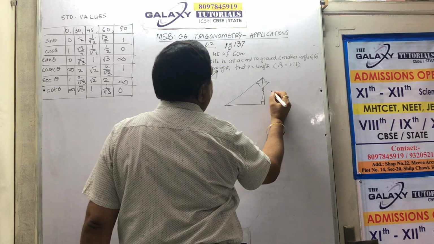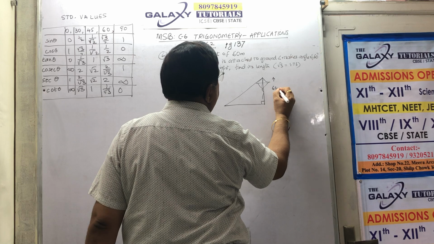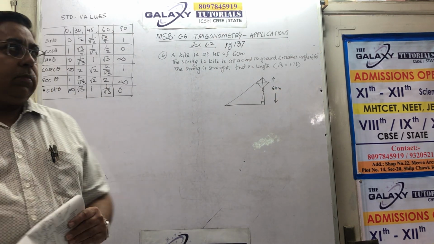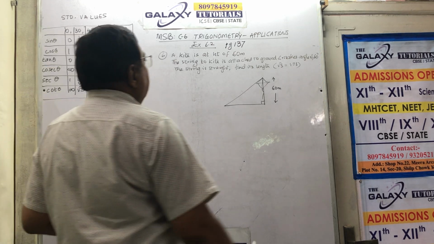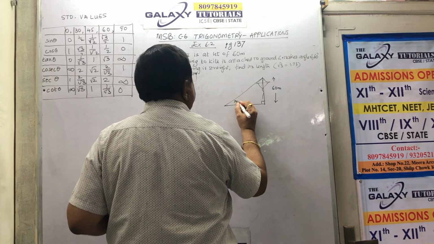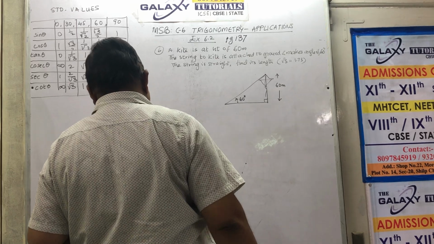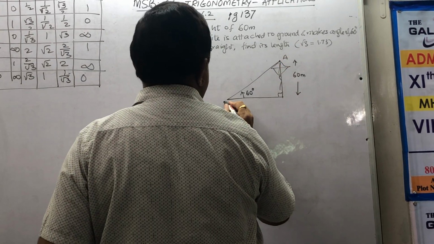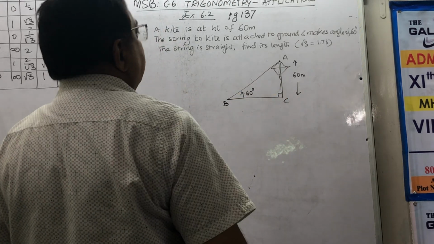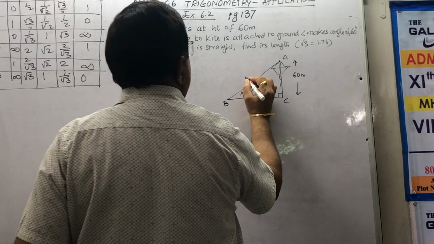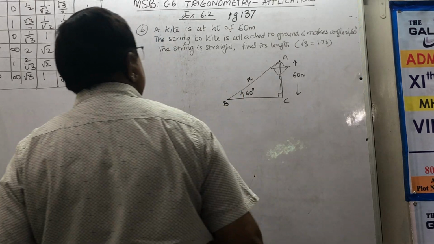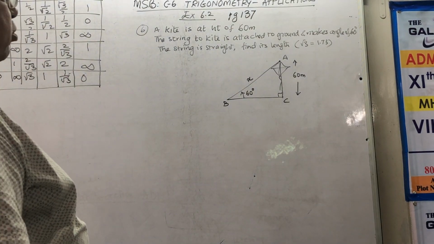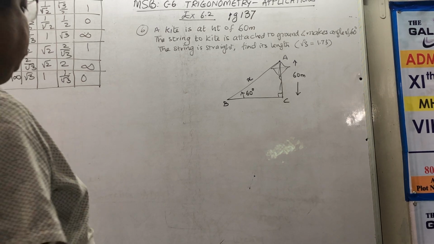Now the kite height is 60 meters, and it is giving an angle of 60 degrees. Angle of elevation is 60 degrees. I will put A, B and C. Find the length. I am finding length x. How much is the length of the string, how much the manja or the string is long going to the kite?